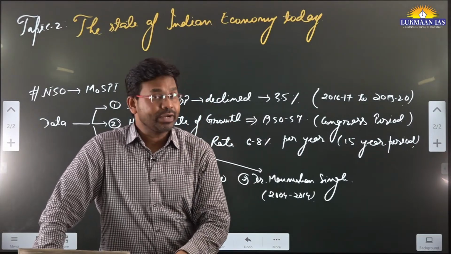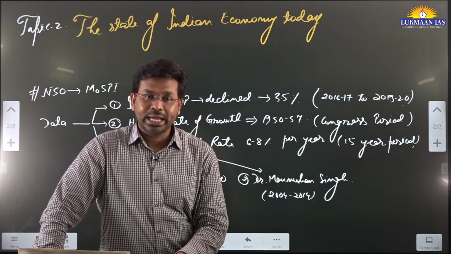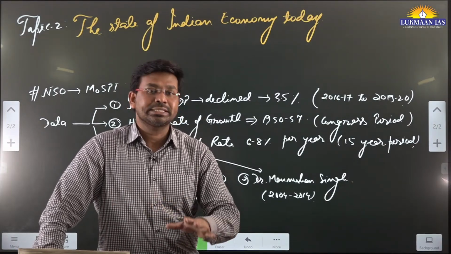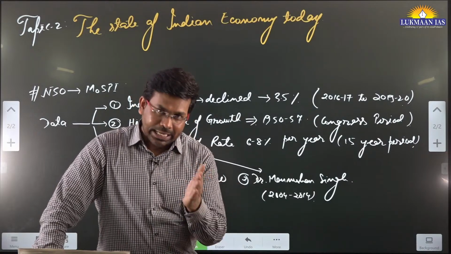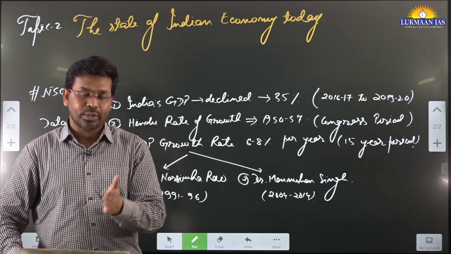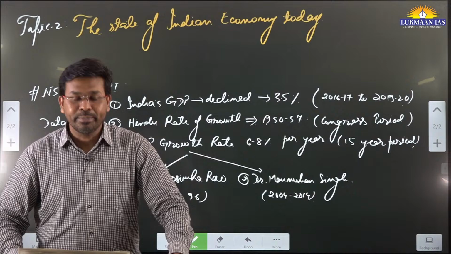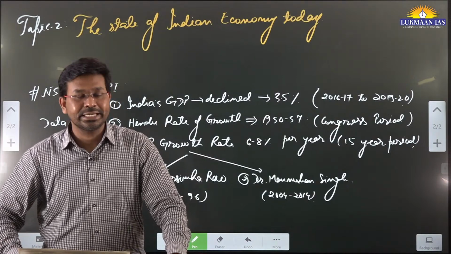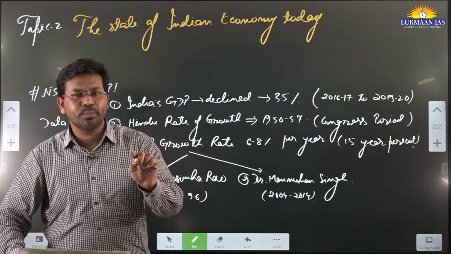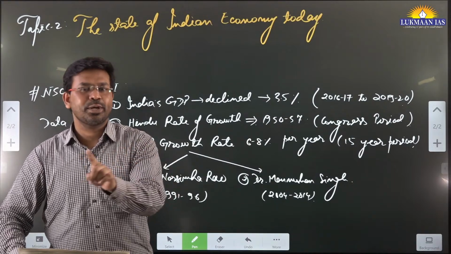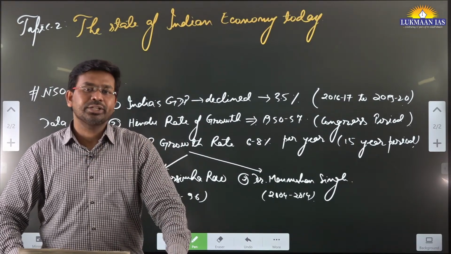At that time economic activities were at a standstill, stagnant. But after that we went into recovery mode, and the data we see in newspaper articles shows that India is growing at a rate of 6.1%, 6.3%, 6.8% like that. So they mention this data.